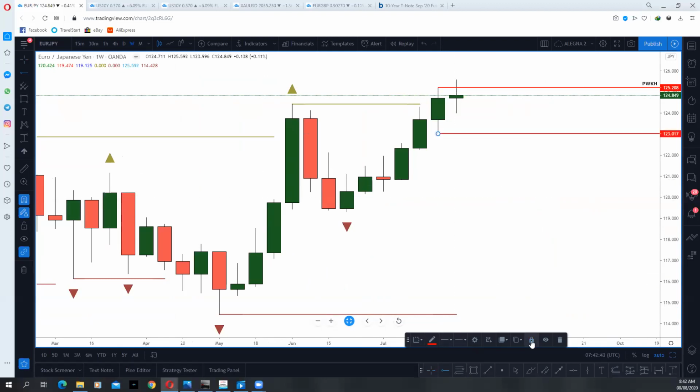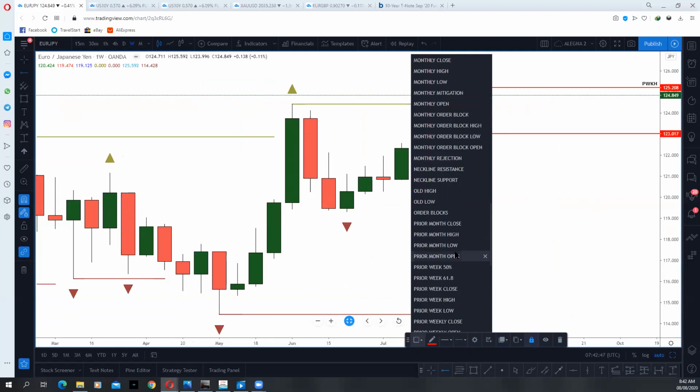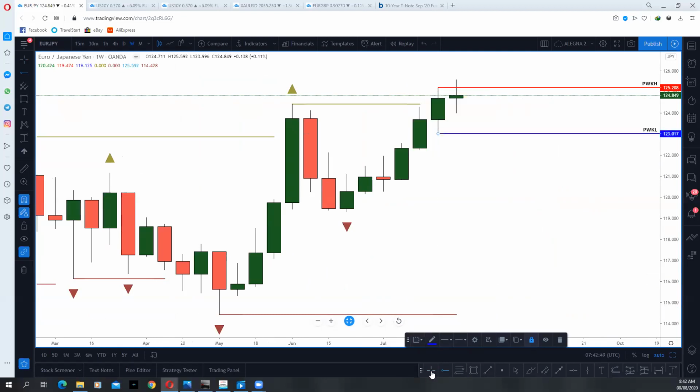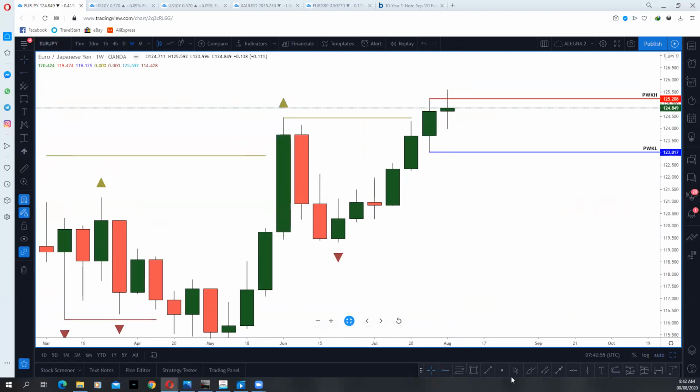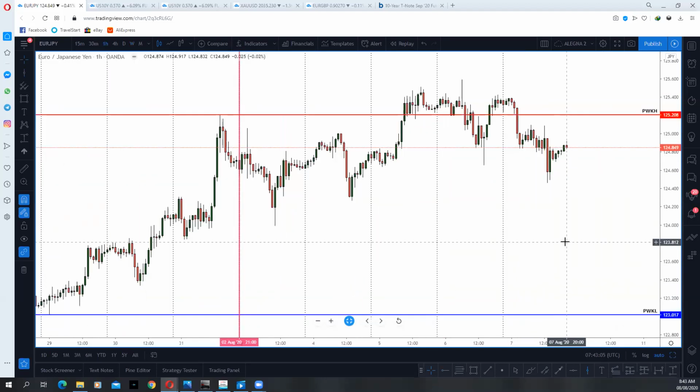I didn't touch the low, but just for the sake of teaching, let's put it as the prior week's low. We'll mark out where this week started, here. Then I'm going to use the 1 hour chart because it was on the 1 hour she pointed it out.